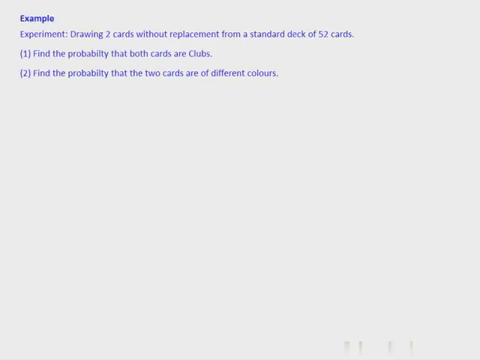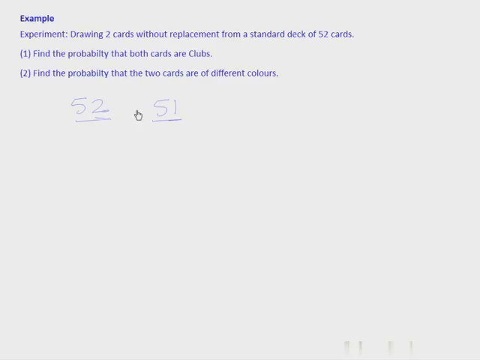What do you think the sample space here is? I'm drawing a card and I'm drawing one more card. So I'm drawing 2 cards. So let's count the sample space. I have 52 choices of the first card and I have 51 choices for the second card because I haven't put back the first card.